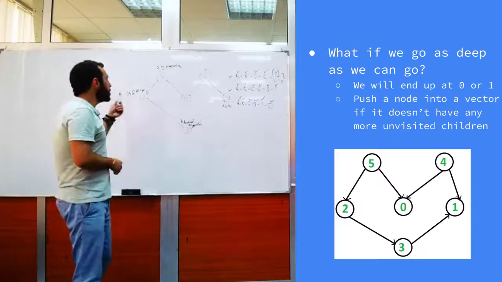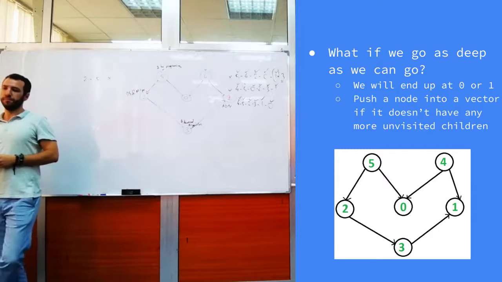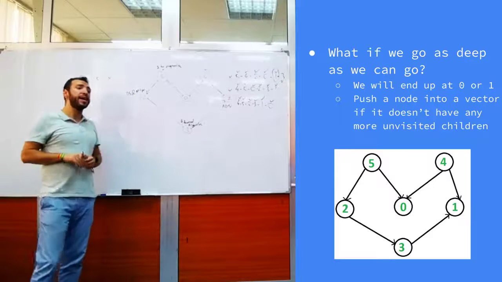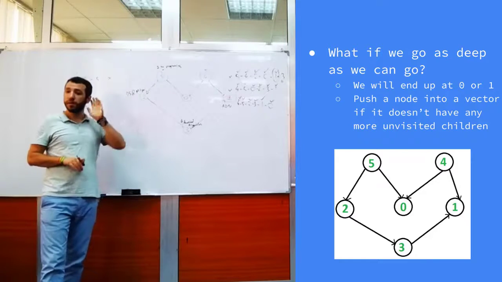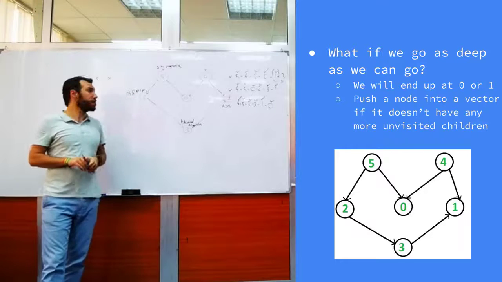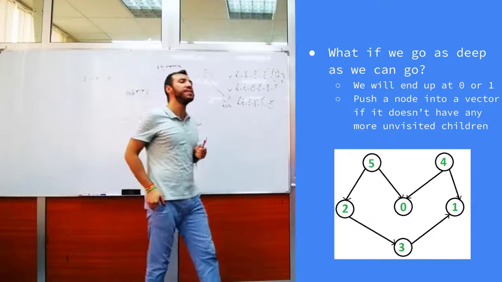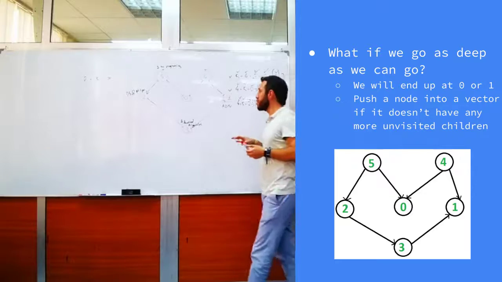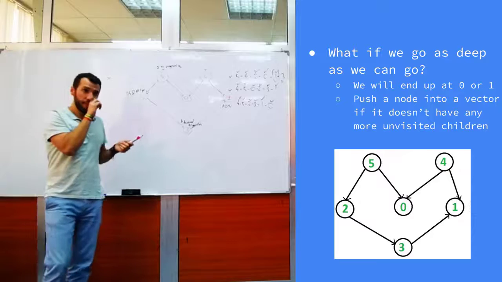So, which parts are the safest to start execution from? 5 and 4. And what is common between 5 and 4? No incoming edges. There are no incoming edges, right? Very good. The follow-up question is, how can we detect them?